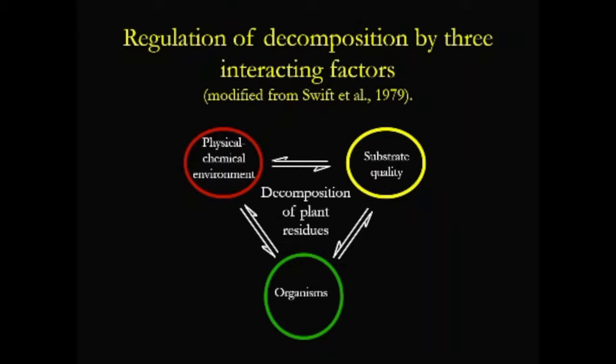The substrate quality, here mostly we are talking about the chemistry, whether we have a substrate with a high percent of carbon, of nutrients like nitrogen, or secondary compounds like lignin or phenolic acids that make it more difficult to decay. And the third one is organisms.